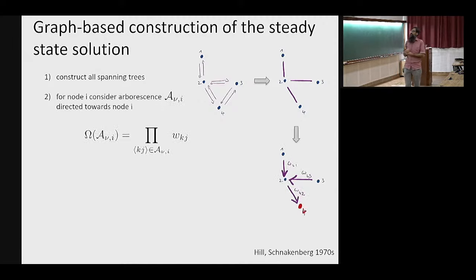And then in the second step, I construct something that has the strange name of an arborescence, which is basically a spanning tree that is directed towards a specific node. Okay, this spanning tree has no direction whatsoever. So what I do now is I choose a node i, let's say in the example this one, node 4, and then I direct all edges towards that node.